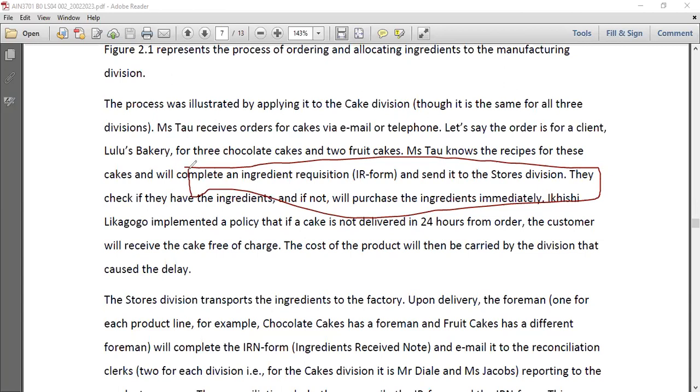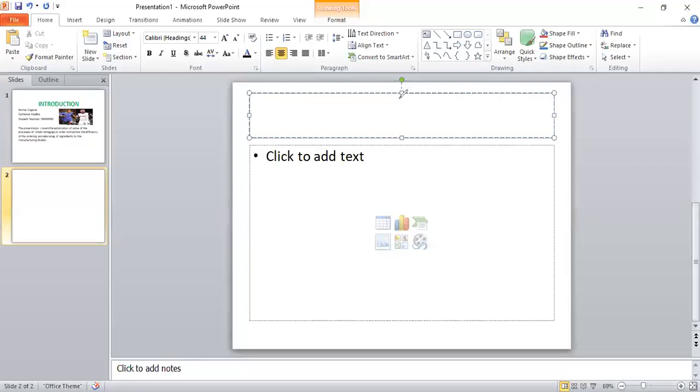And if the sizes are this, it can know the ingredients that are supposed to be used, instead of Mr. Chow using his knowledge for the recipes. How about if the recipes keep on growing? So the completion of the ingredient requisition and sending it to the division is one process that can be automated, right?